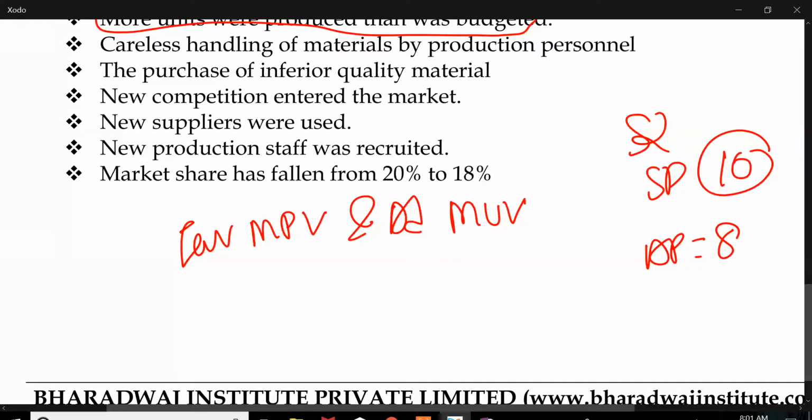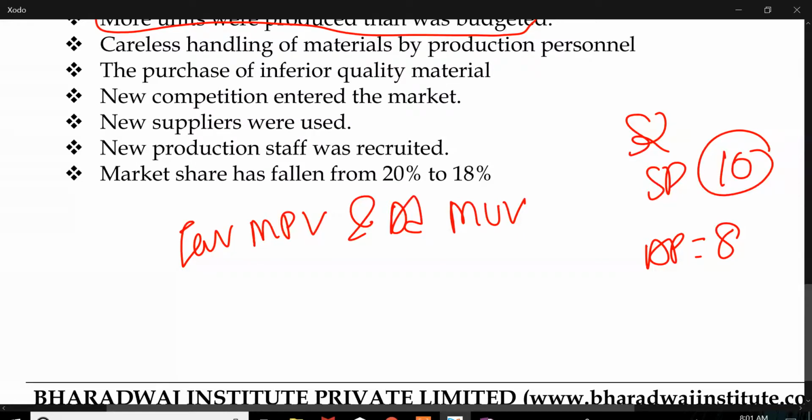If you have a favorable material usage variance, you will with high probability have an adverse price variance. Why? Because you bought a superior quality raw material by paying a higher price, but that led to better productivity. I will pay more to my laborers, adverse rate variance, but they are becoming more efficient, favorable efficiency variance.